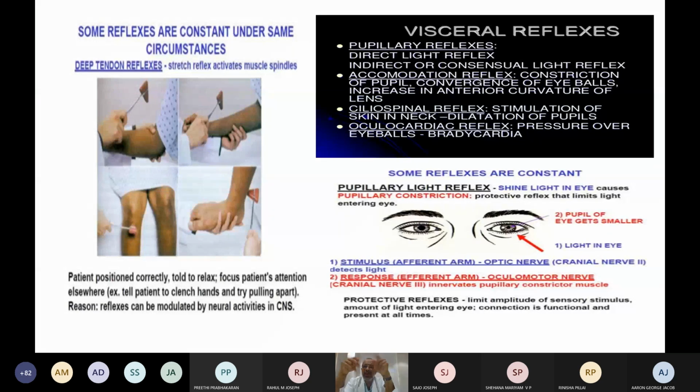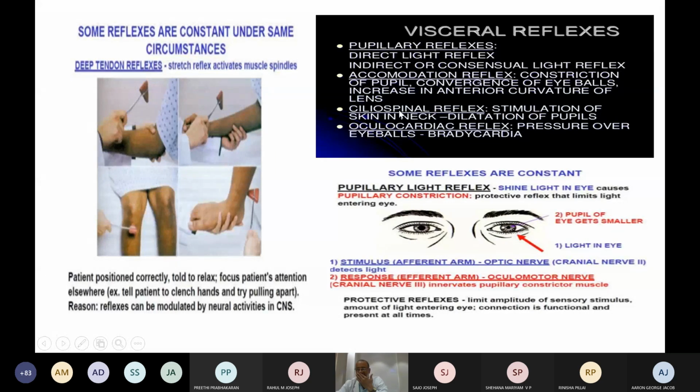There will be convergence of the eyeball, increase in the anterior curvature of the lens, and pupillary constriction. That is constituting accommodation reflex.